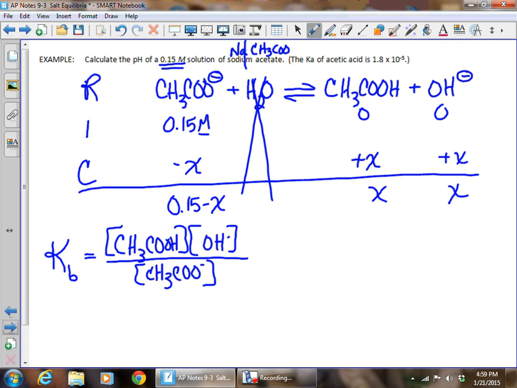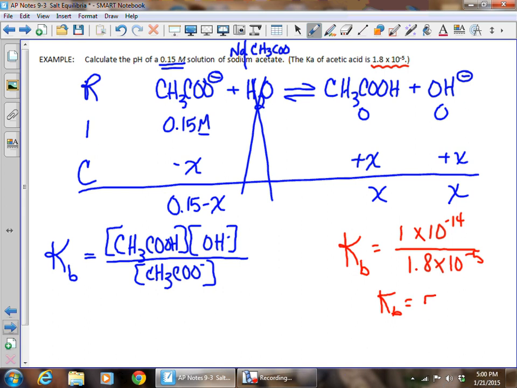We don't have a Kb of CH3COO minus. So how are we going to find that? We're going to do what we just did on the previous page. If we want to get that new K, then we're going to take 1 times 10 to the minus 14th divided by the old K, which was 1.8 times 10 to the minus 5th, which gives us a Kb of 5.6 times 10 to the minus 10th.